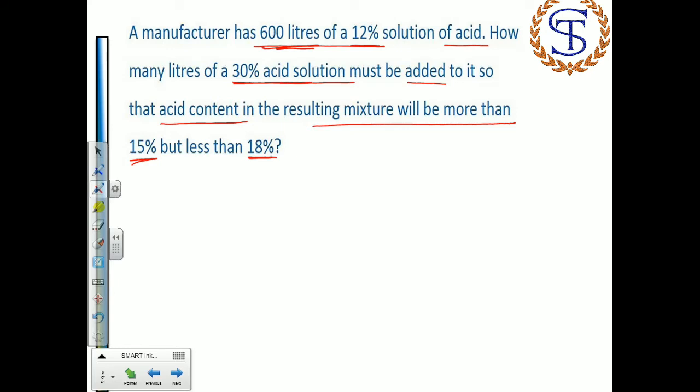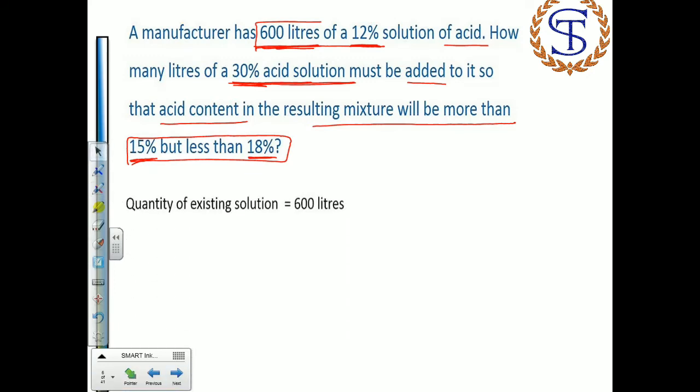Here also we have two solutions. One has 12% concentration and another has 30% acid solution. The first 12% acid solution is 600 liters, and how much 30% acid solution will be added to this 600 to get the resulting mixture between 15 and 18%.